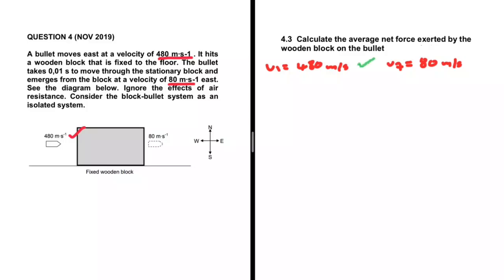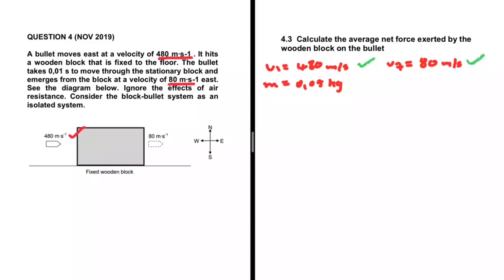We have VI, we have VF. Obviously, we have the mass of the bullet as we calculated it in 4.2. The mass of the bullet is 0.05 kg. Another piece of information we have is the time taken for the bullet to move through the stationary block.